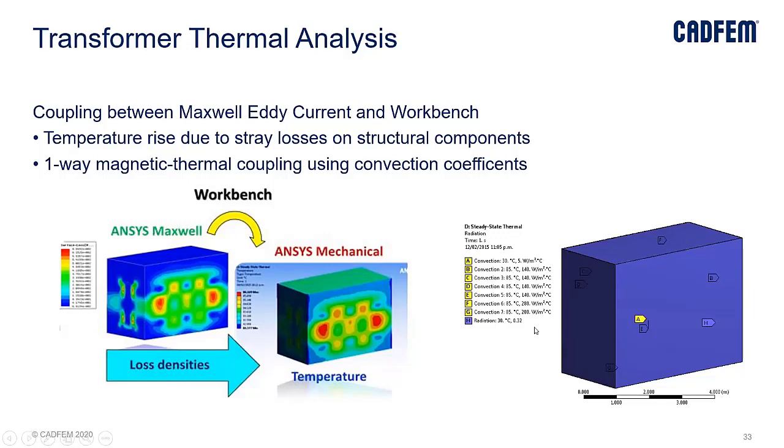You can see here how we are modeling the convection coefficients, because basically this is Ansys Maxwell to Mechanical coupling. Obviously the user needs to define these convection coefficients, and we can predict the temperature rise here. So this is about the steady state thermal analysis of this transformer.